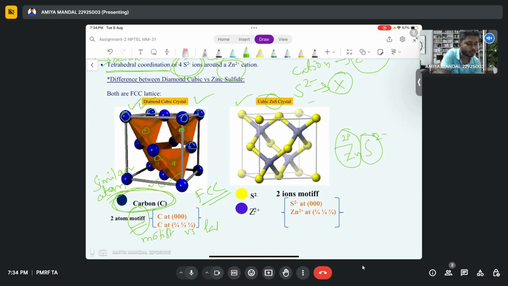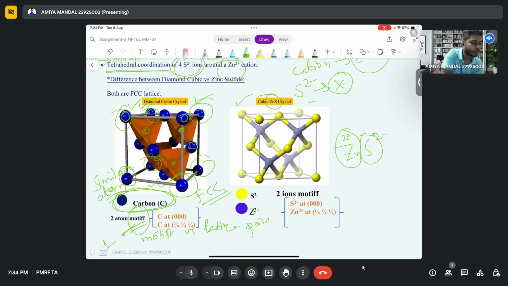You know, lattice points are different from motifs. We can say it at lattice points, but not motif. Motif means it contains one or more atoms at each lattice point. Okay.